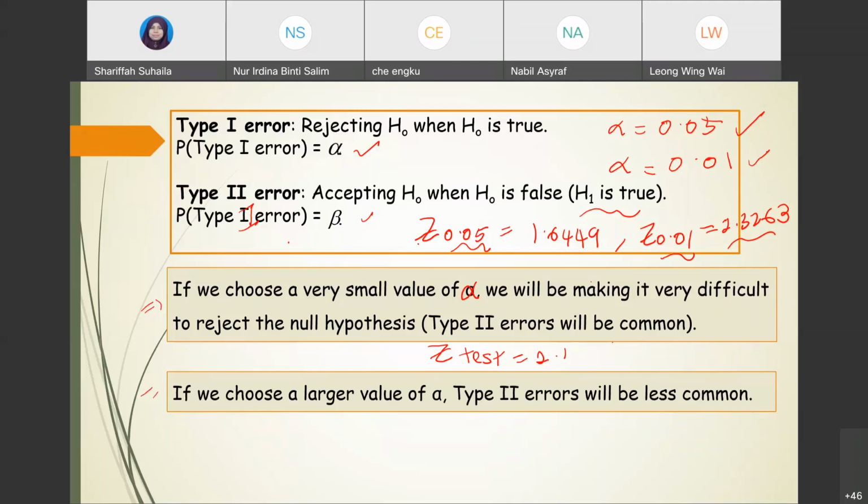Okay, bukannya memorize tapi understand dia punya konsep. Macam mana nak understand? Ambillah beberapa contoh. Letaklah alpha apa-apa, compare. And then try to make a reasoning. Okay, dia punya explanation dia. Okay, so that is your type 1 error and also type 2 error. So type 1, reject H naught when H naught is true. Type 2, accept H naught when your H naught is false.